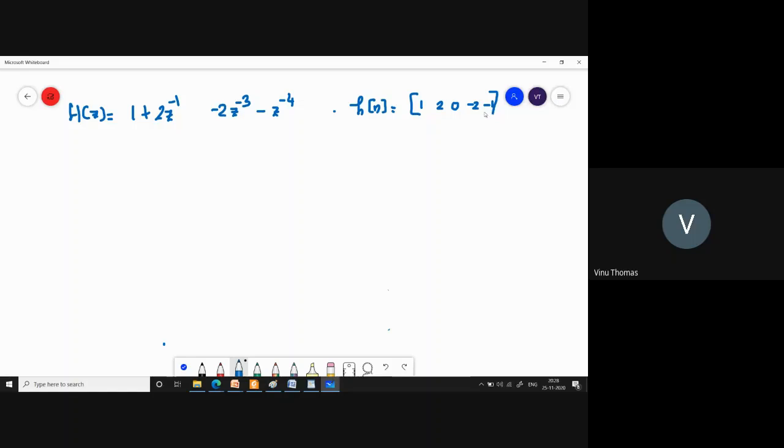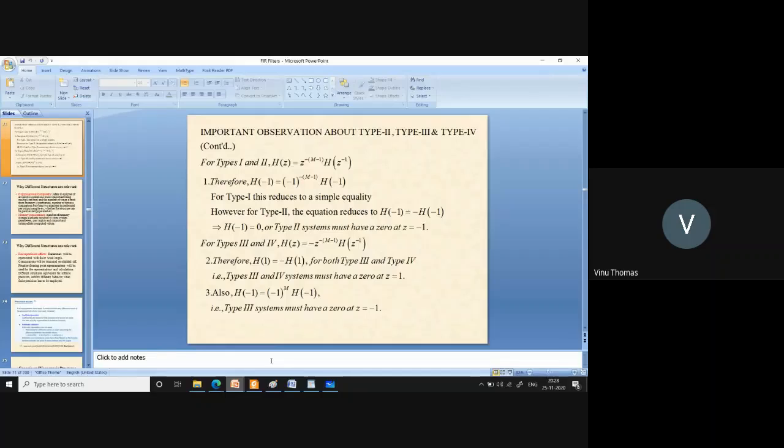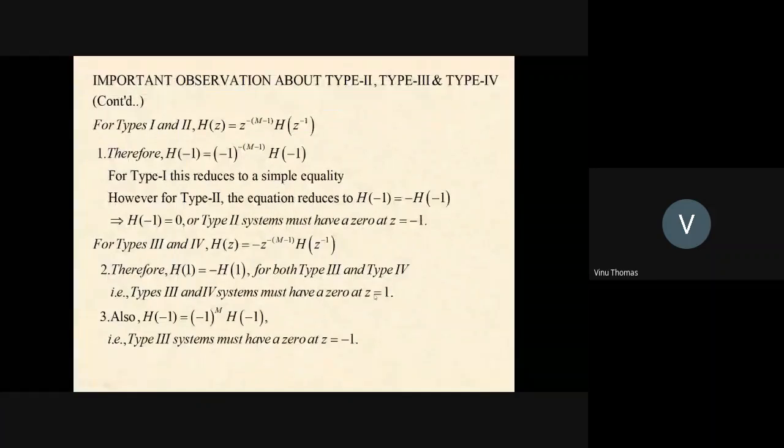So if you have a filter like this, then from the previous slide itself, you have seen that you have a 0 at z equal to 1. For a type 3 system, you'll have a 0 at z equal to 1, and you'll have a 0 at z equal to minus 1. So you have already found out two roots of the system.